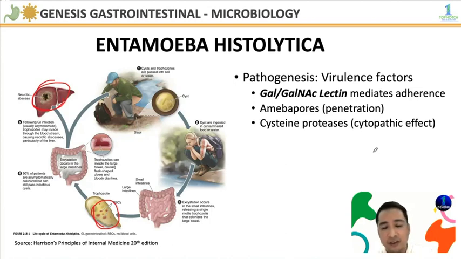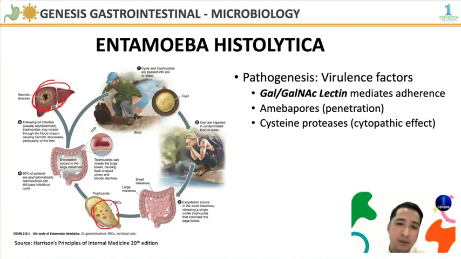So just take note that majority of the infections of Entamoeba histolytica is restricted to the lumen. So you are presenting with luminal amoebiasis. Sometimes these patients are asymptomatic. Again, it can present with amoebic colitis or invasive intestinal amoebiasis when the mucosa is invaded.